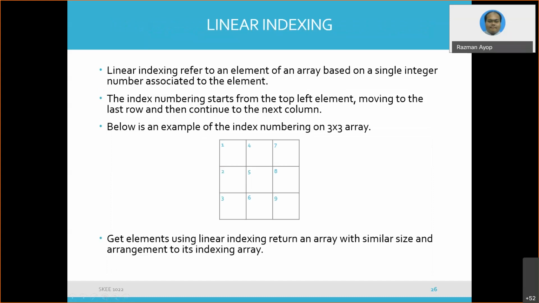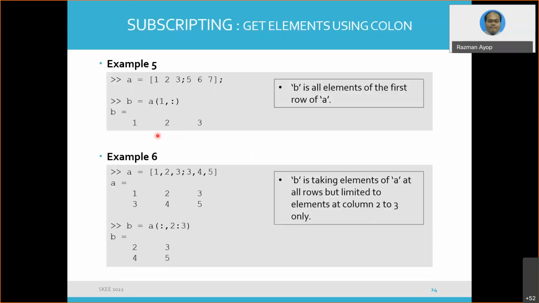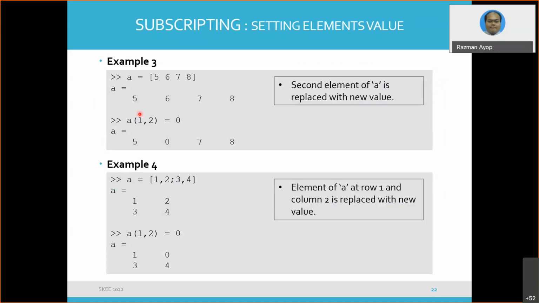Next is linear indexing, which refers to an element of an array based on a single integer number associated with the element. I think I'll just give you an example, which is easier to understand. Previously, you called the number using 2 elements, the coordinate, the row and the column.